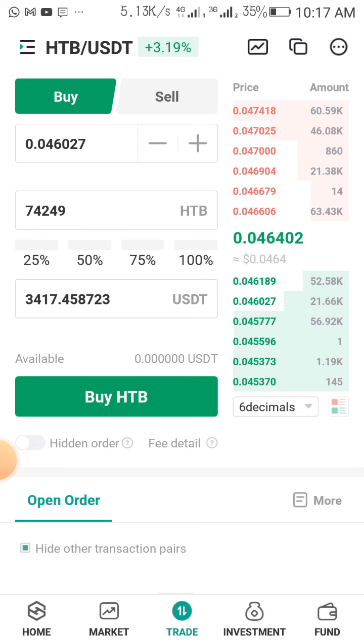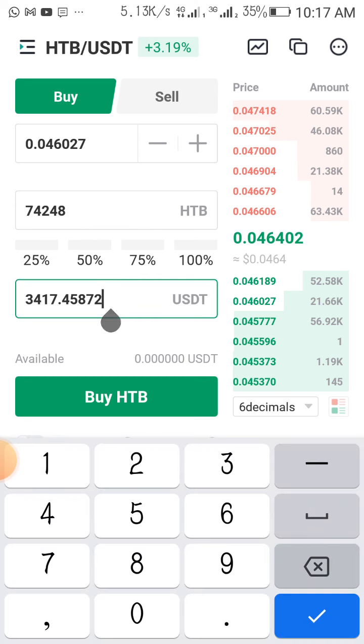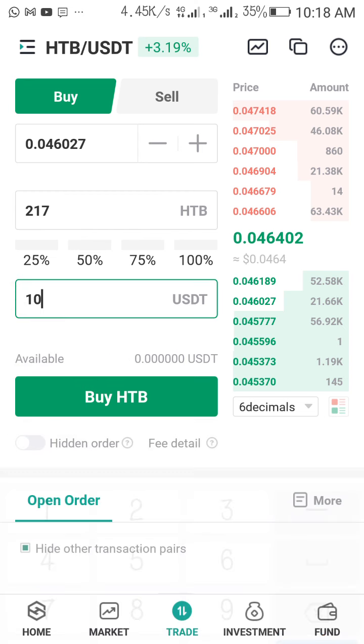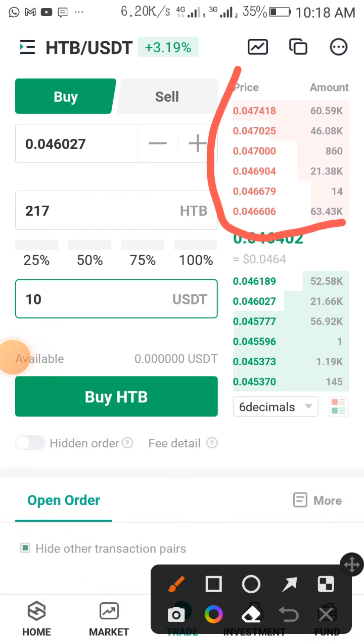So if I want to execute this order immediately, let me type in this. I want to buy $10, and I want to execute this order immediately. What I will do is I'll come over to this seller section and select someone that has a rate that is suitable for me, that I prefer.